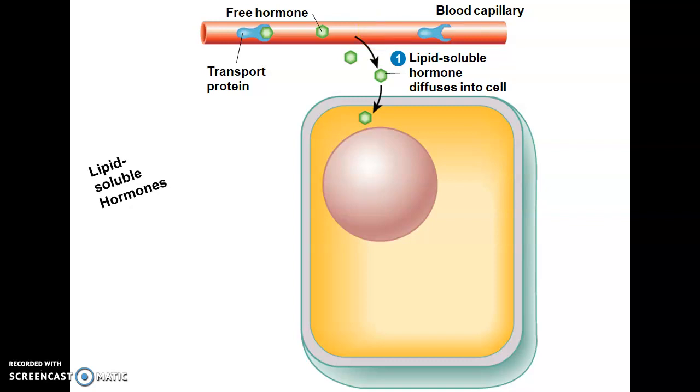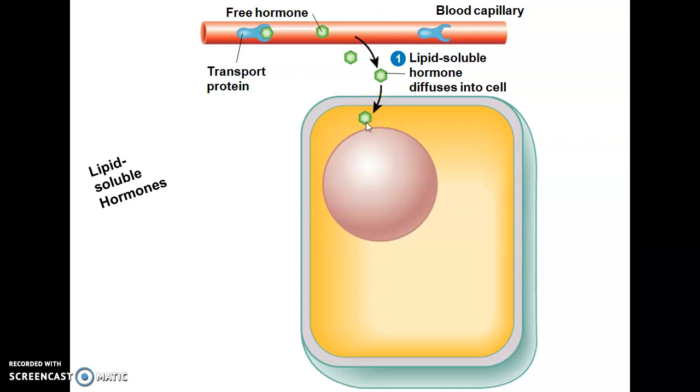How does a hormone find its target? Hormones find their target by the presence of a specific receptor on the target. The receptor may be present inside the plasma membrane, or it may be inside the nucleus. Since our hormone is lipid soluble, once it finds the target cell, it detaches from the carrier protein and passes through the plasma membrane with no difficulty.